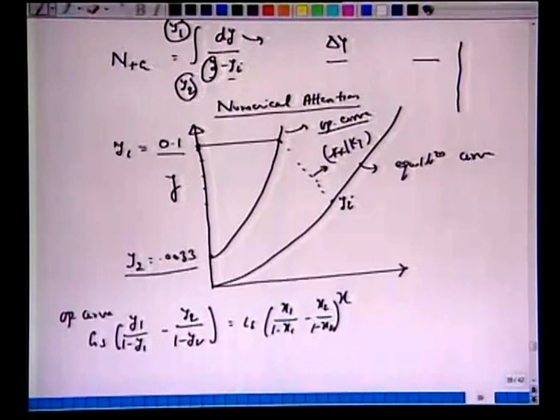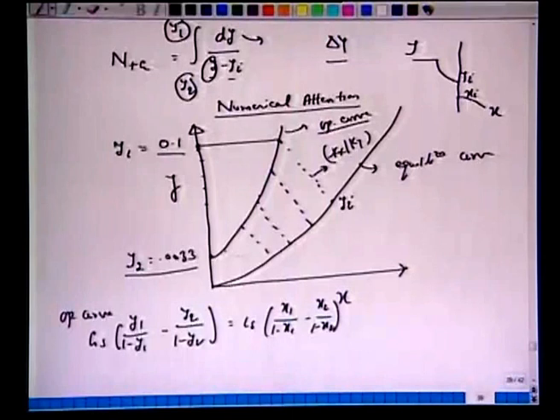Recall the schematic here, y to yi and xi to x. So, xi and yi, and we have y here. So, you can take the slope here to obtain this yi. Similarly, you take some other points here. All right. So, you take several data points to obtain all these slopes. In principle, they should be parallel, because we assume that the mass transfer coefficient does not change along this length.